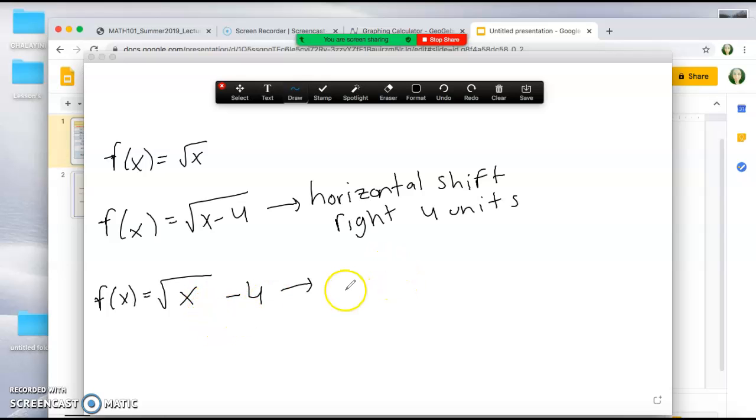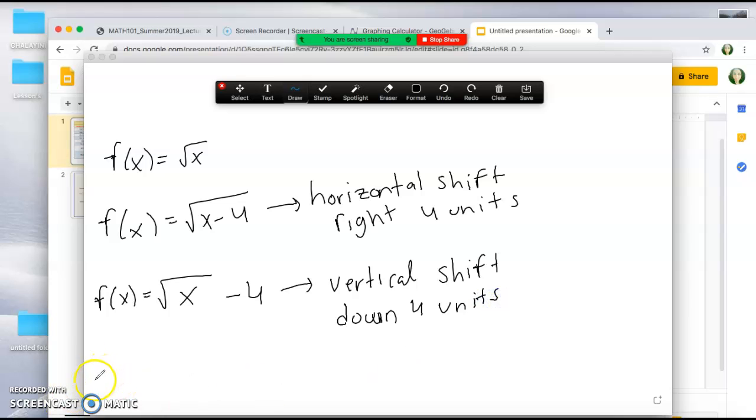So we're changing our x values, meaning it's going to be a vertical shift. We're moving on the x-axis because we're changing the x values. And here, depending on the sign, we move up or down. So since it's minus, we move down 4 units.